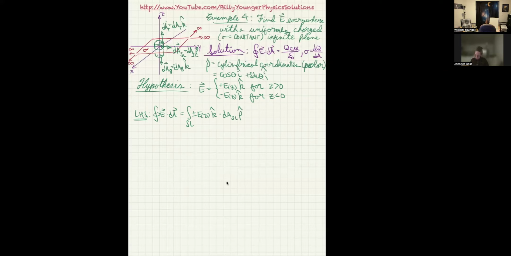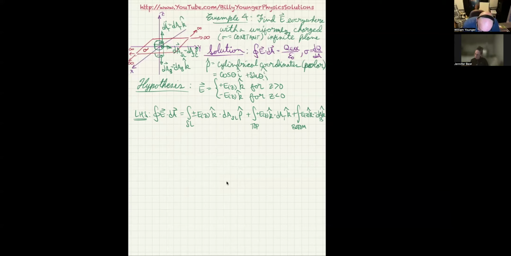Yes, that's right. Now I'll say plus the integral over the top is going to be positive E of Z k hat dotted with dA top k hat plus the integral over the bottom of negative E of Z k hat dotted with negative dA k hat, but that's dA bottom.